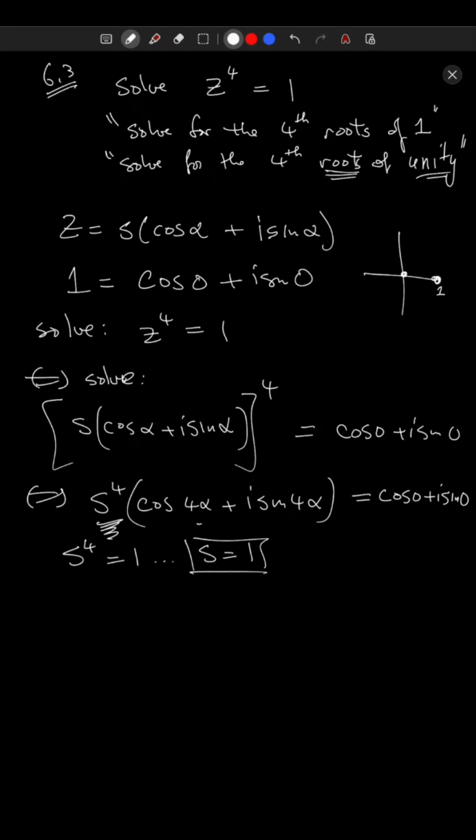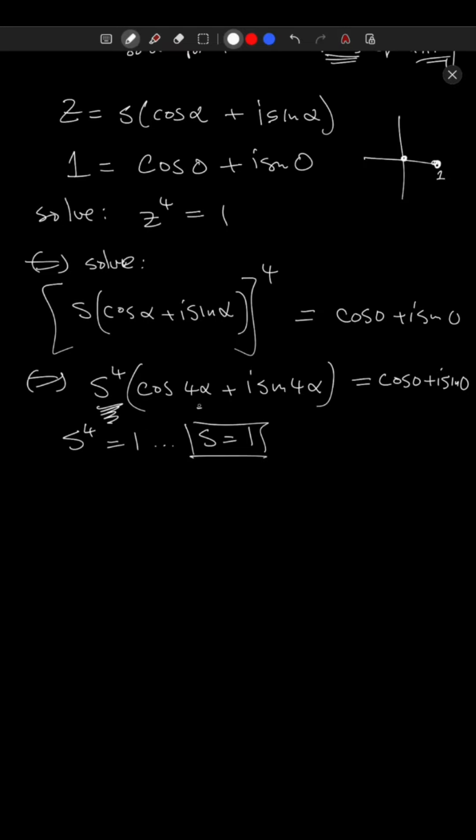For our class, at least right now, we're not thinking about having negative s's. Later on, we will, when we talk about polar coordinates. But for now, only positive. So s equals 1 is the only solution.